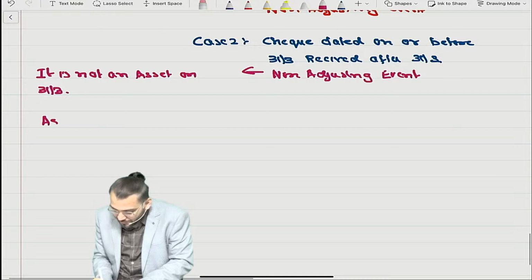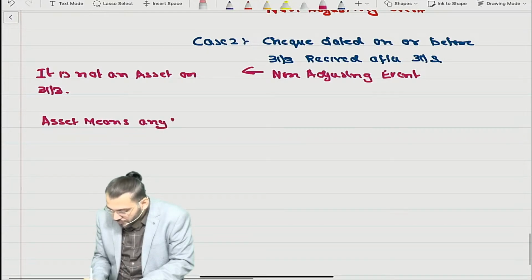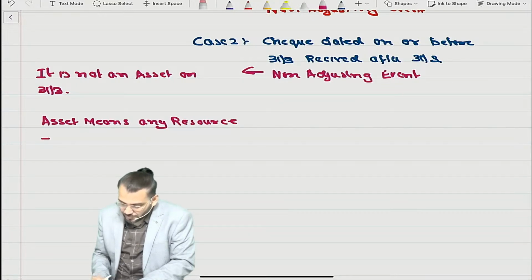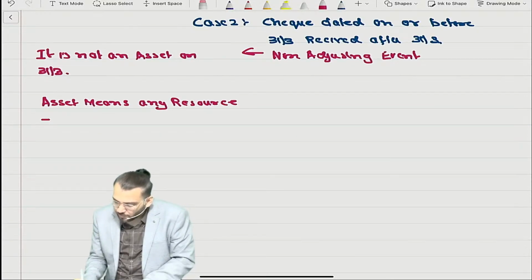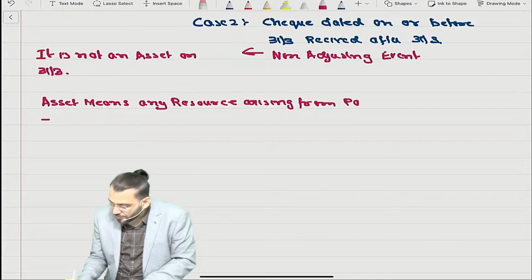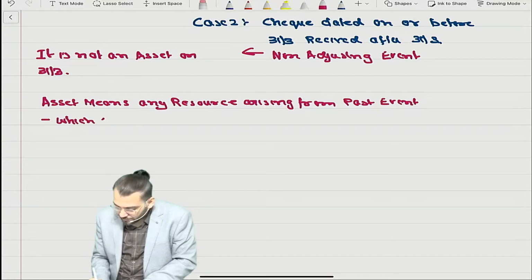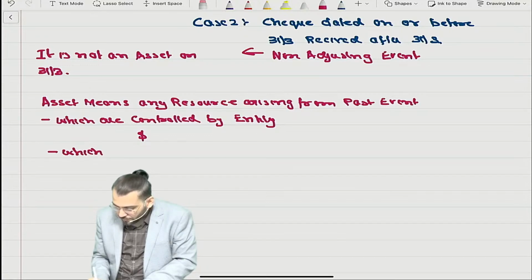So asset means what? Asset means any resource arising from past event, which is controlled by the entity and which provides FEB.